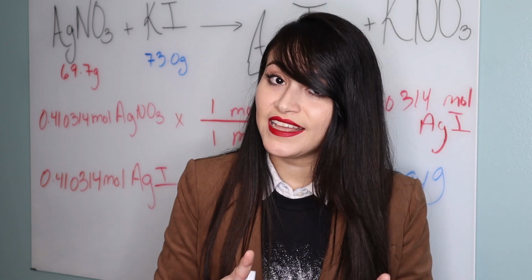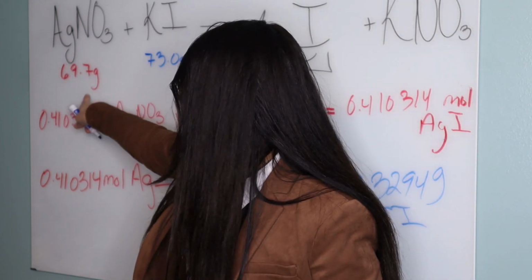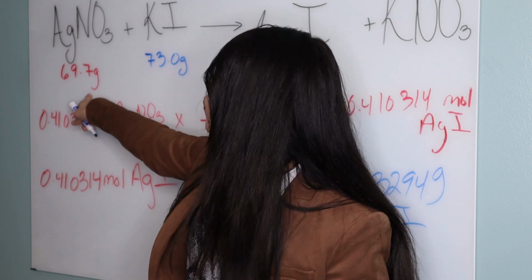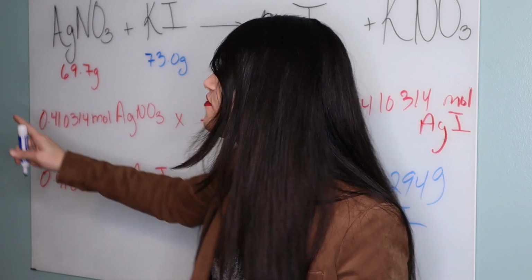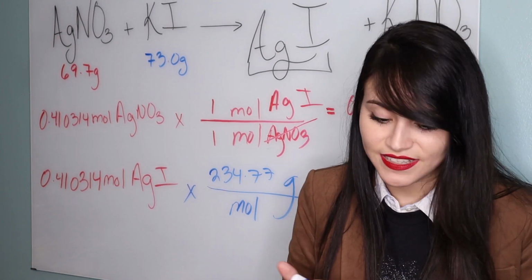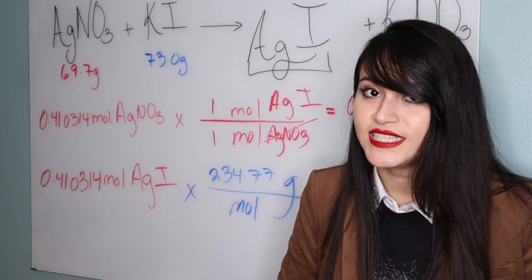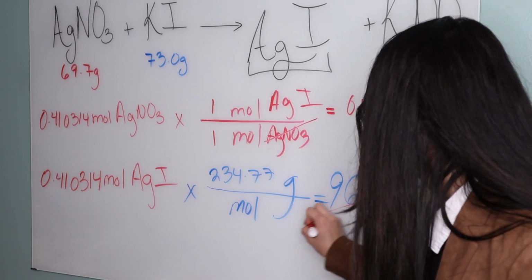Now, let's not forget our significant figures. We had 3 sig figs starting out with silver nitrate, right? 69.7 has 3 significant figures. So over here, our final answer in our theoretical yield should also have 3 significant figures. So let's stop right here.